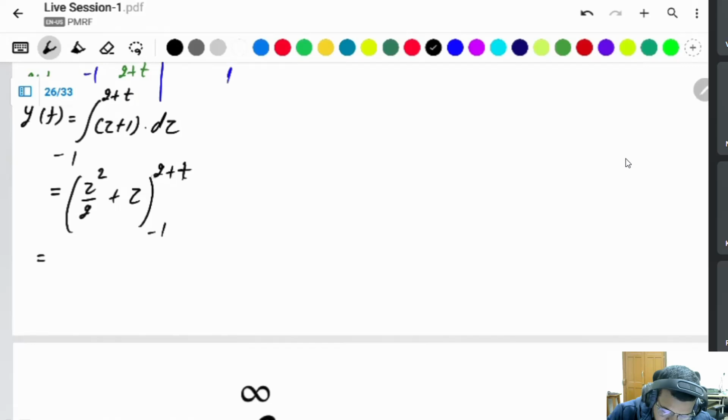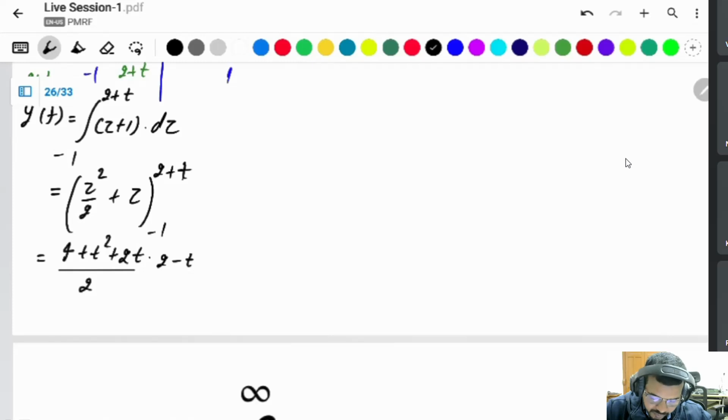If you put in the value here, then (4 plus t square plus 4t) divided by 2, plus 2 plus t.